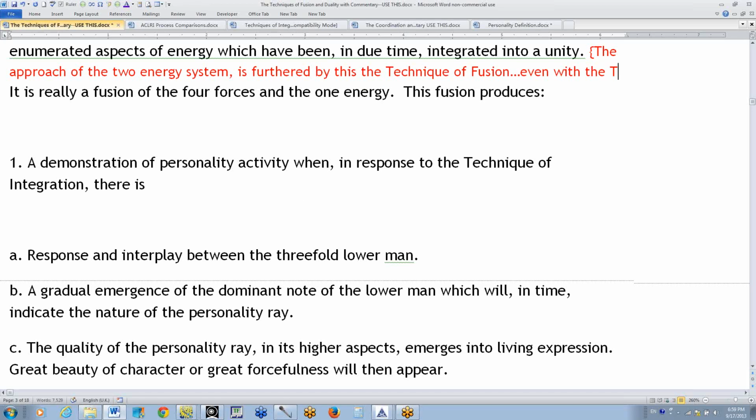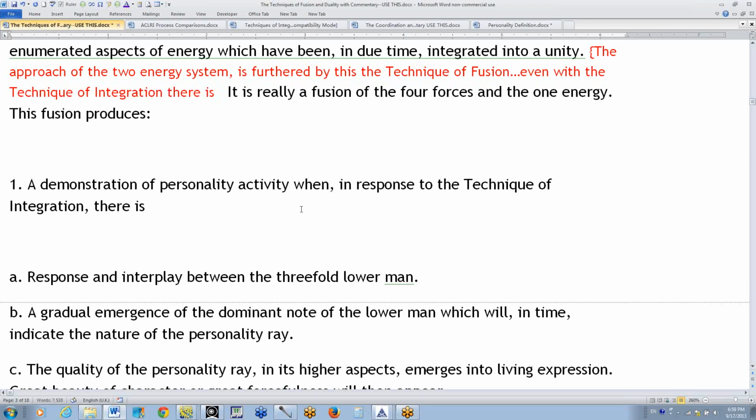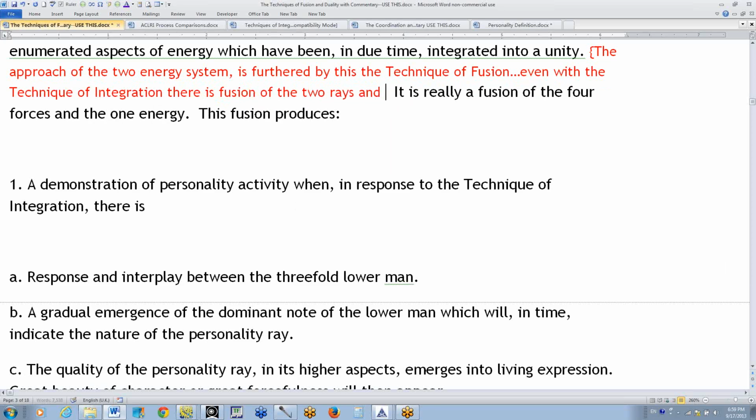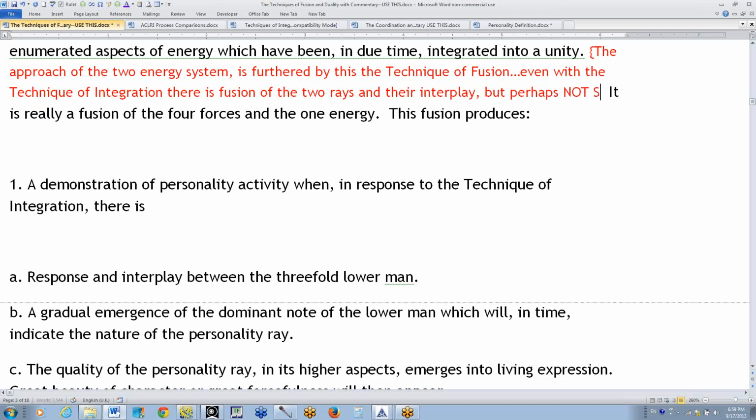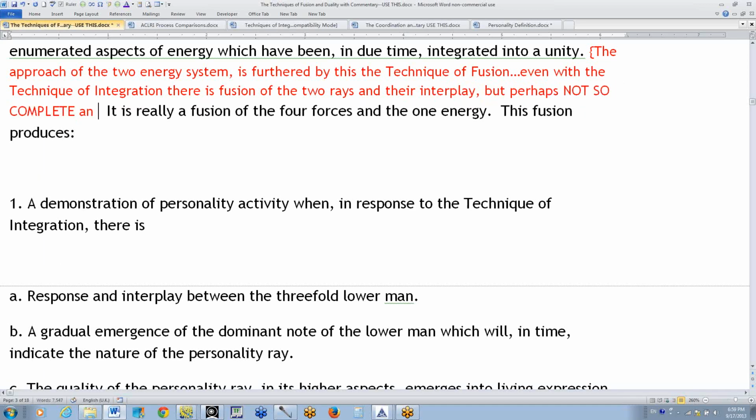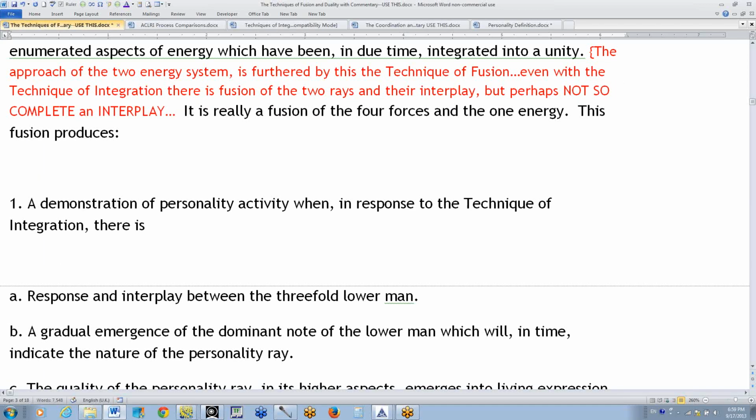Even with the technique of integration, there is fusion of the two rays and their interplay, but perhaps not so complete an interplay.